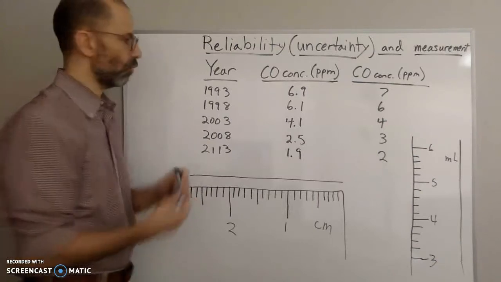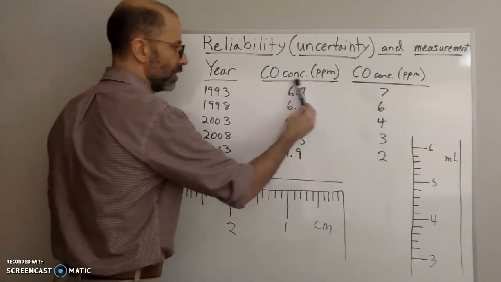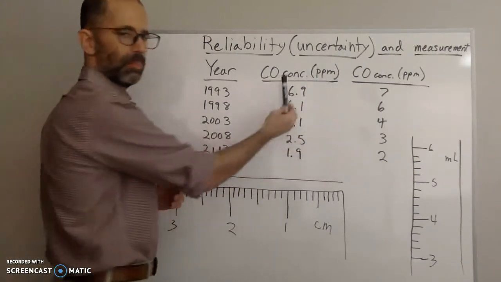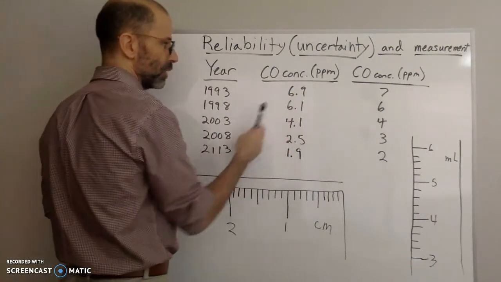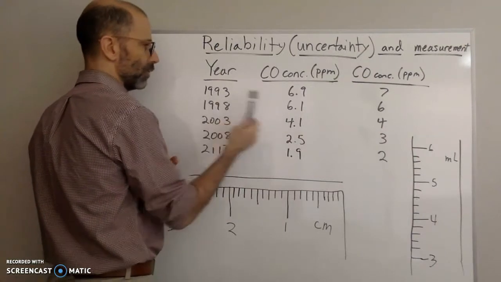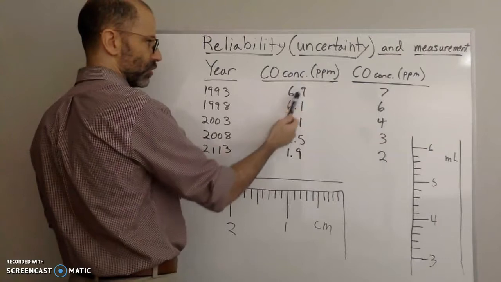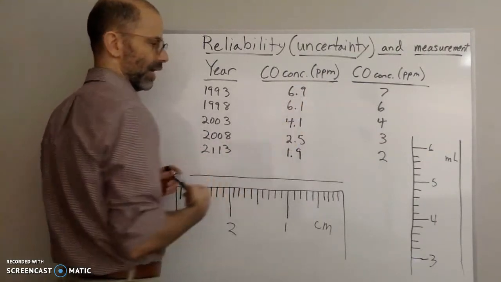Okay. So for example, if we look at this reported value, 6.9, again, this is ppm, parts per million. So what this is telling me is that for 1993, the CO, or carbon monoxide concentration in parts per million, was 6.9.